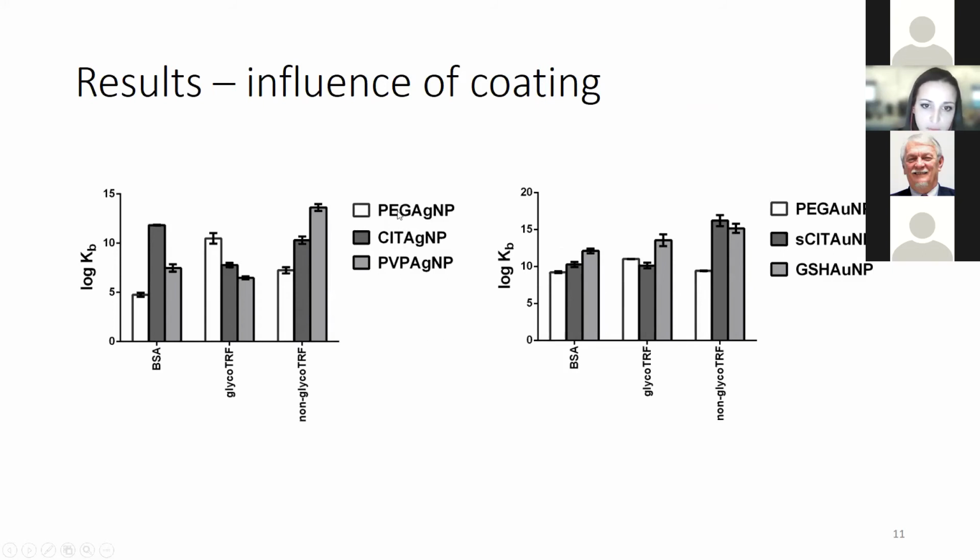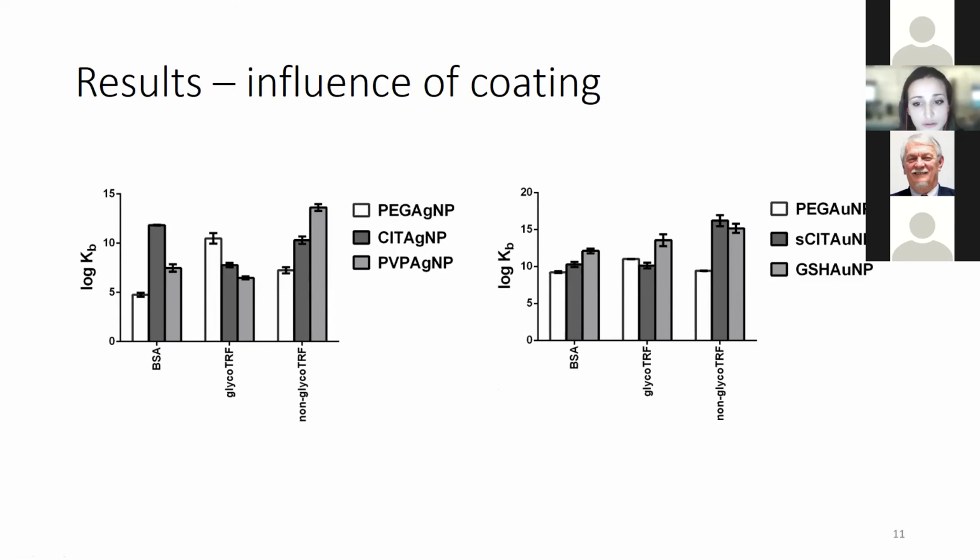Also, when we look at the influence of coating, we can see that we obtain different results. For example, PEG gold and silver nanoparticles had the lowest binding constant for BSA and non-glycosylated transferrin, which made sense because PEG is usually used as a biocompatibility agent.